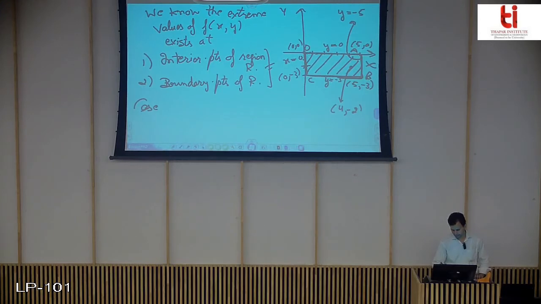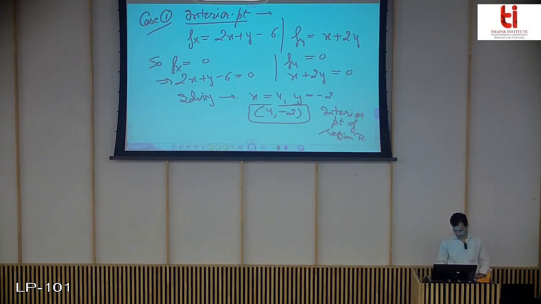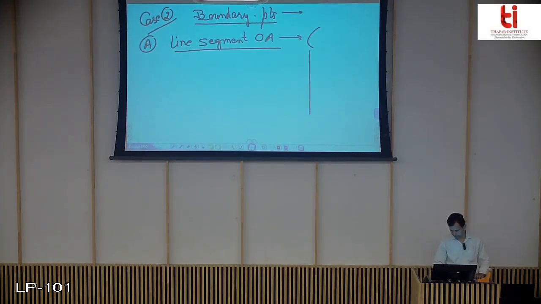Let me draw it here again. This is O, A, B, C, with points 5, 0, 5, minus 3, and 0, 0.